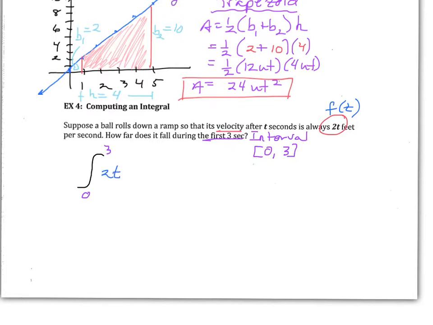And then we want to tack on not dx, but dt, because our variable is t this time. That's just saying I want an infinite number of rectangles with an infinitely small width, delta t. That's the distance of that width of the rectangle.